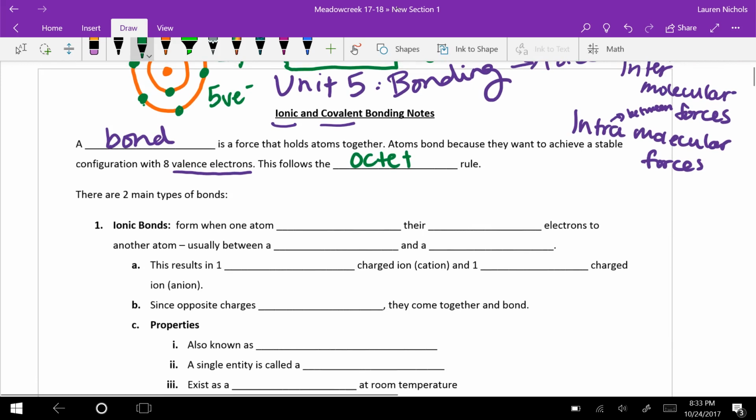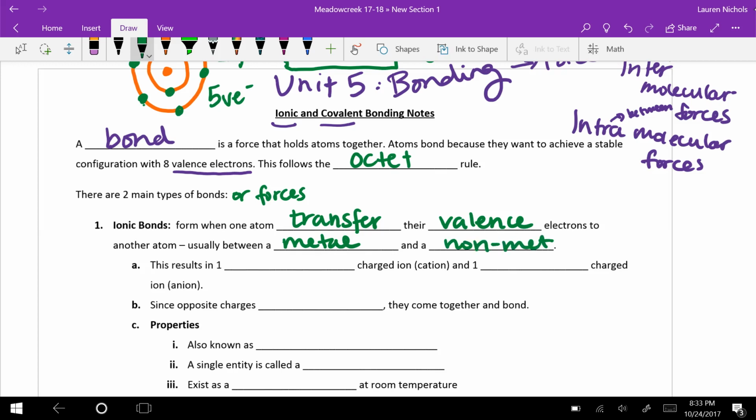So there are two main types of bonds or forces that we're going to be talking about today. Ionic bonds form when one atom transfers their valence electrons to another atom, and it's usually going to be between a metal and a non-metal.